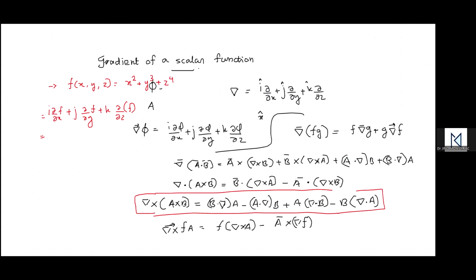The function is in terms of x, then the other two terms become 0, so that is equal to 2x. So i into 2x plus j into dou by dou y of y cube, then n into y raised to n minus 1, that's equal to 3y square, plus k into dou by dou z, which gives 4z cube.